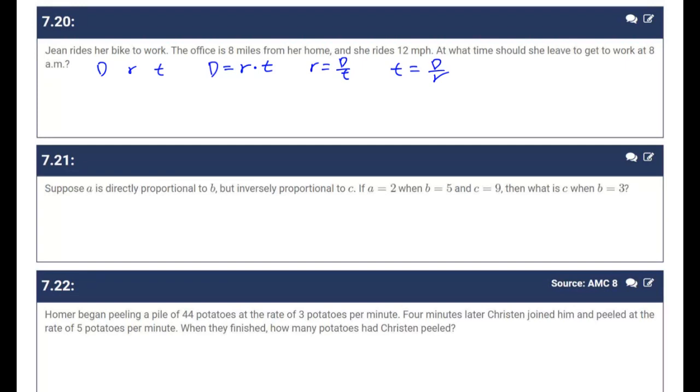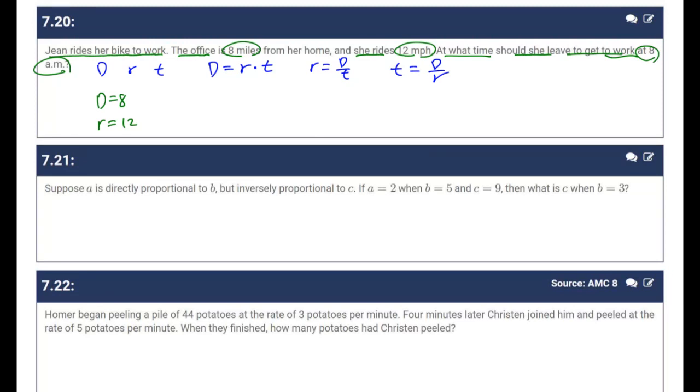Now, the question is, Zhuang rides her bike to work. Good for her. Good for him. I don't know. The office is 8 miles from her home. Okay, that's the distance. So distance equals 8, right? And she rides 12 mph. Isn't that r, the speed? 12 miles per hour. Okay. At what time should she leave to get to work at 8 a.m.? So John has to get, it's a French name, right?